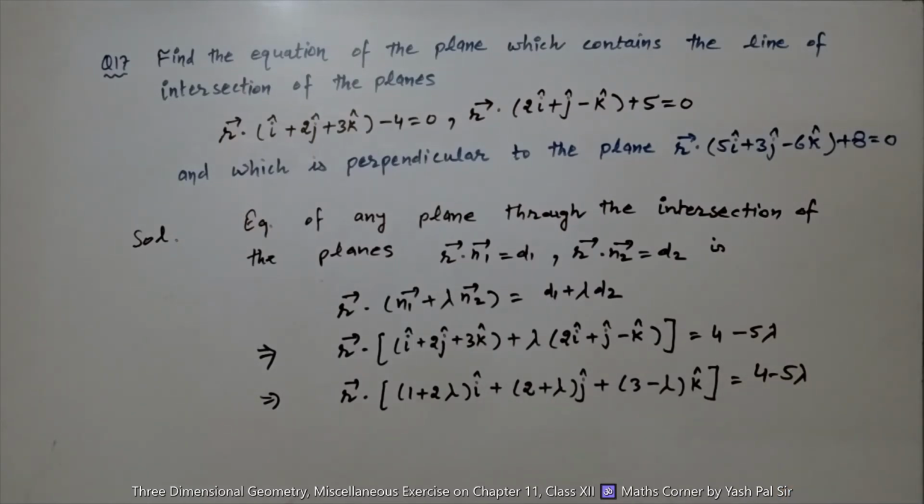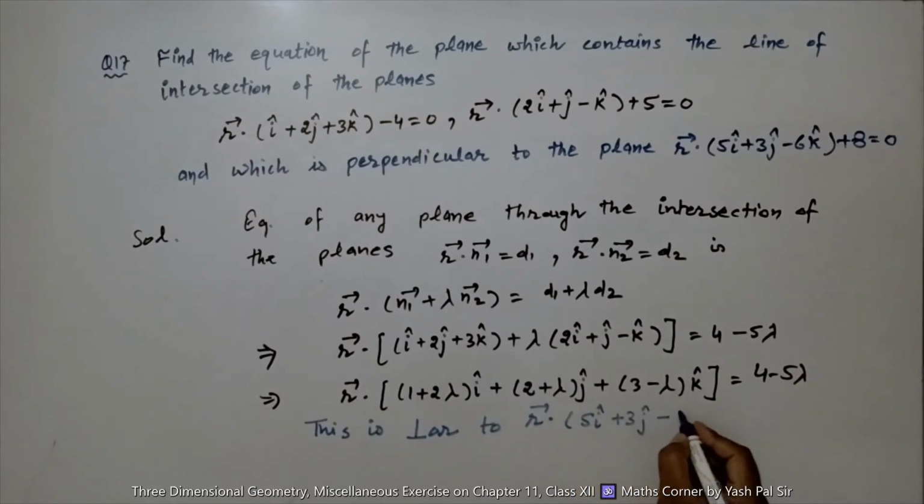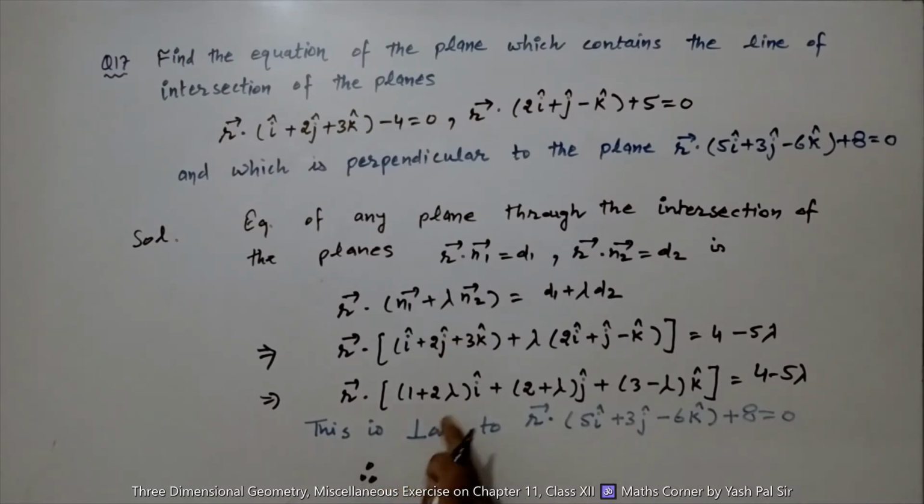This plane is perpendicular to this plane, r dot 5i plus 3j minus 6k plus 8 equal to 0. Therefore, the coefficient of i is 1 plus 2 lambda, and the other coefficient of i is 5.